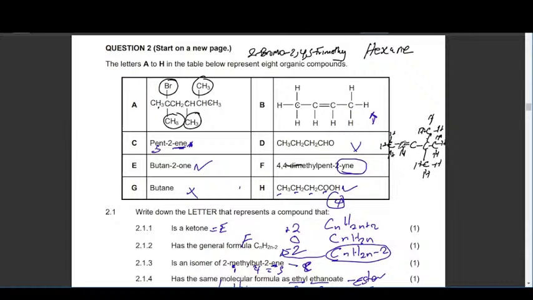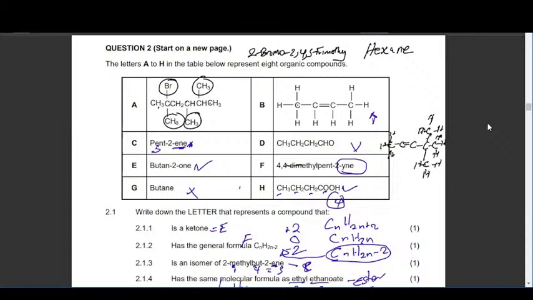So it is 1, 2, 3, 4, 5, which means pent, and then they're saying yne. Oh, it is yne, not ene, so a small mistake has been made. Then this one goes out, so it becomes a triple bond.